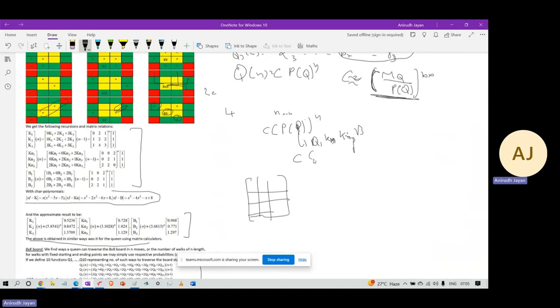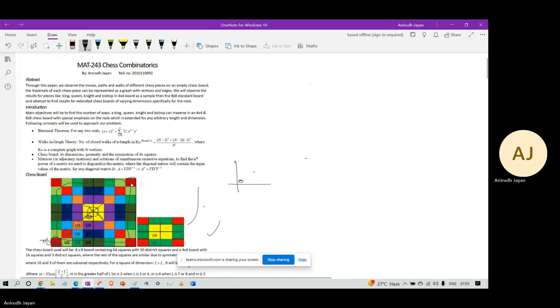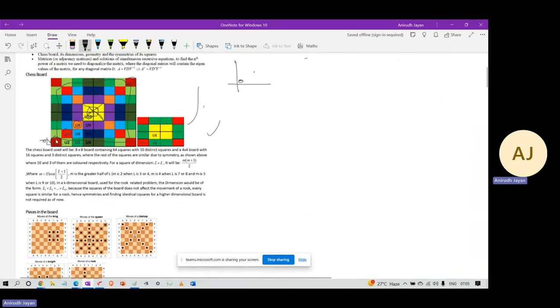So it's simply a constant times the largest eigenvalue of the matrix, power n, that will be your answer. The constant can be anything. This is true whether there's a fixed destination or not.